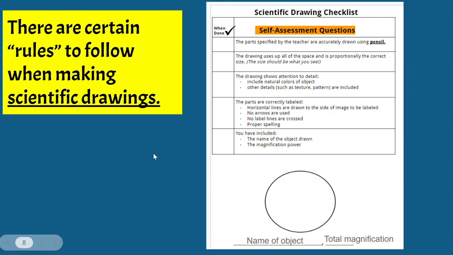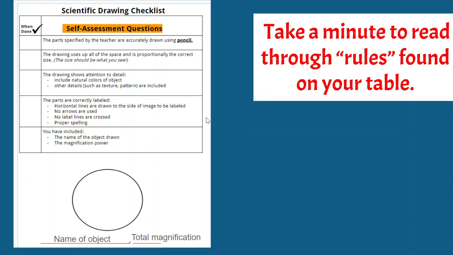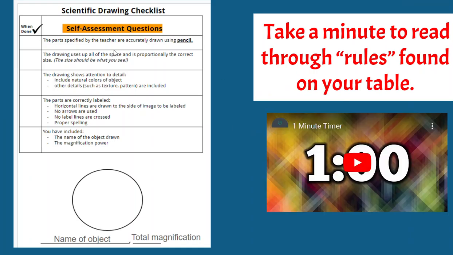All right, so here we have our self-assessment scientific drawing checklist so that we know what to do when we're drawing a scientific drawing. When you are drawing things, you're going to especially draw the parts that are requested by your teacher or your assignment. You want to draw your cells only using pencil.